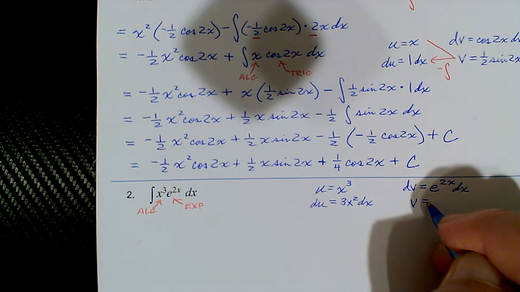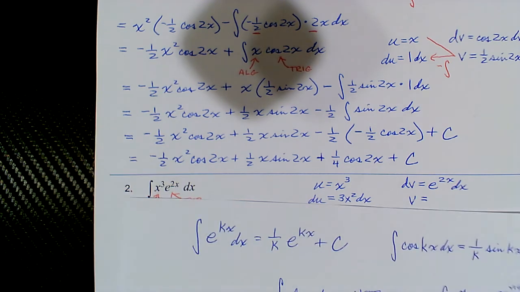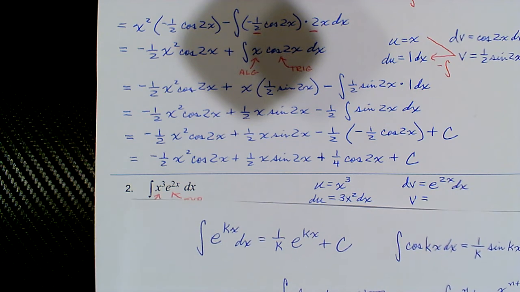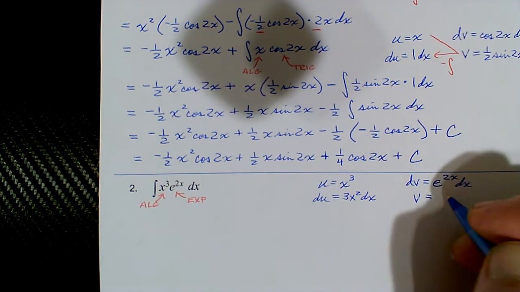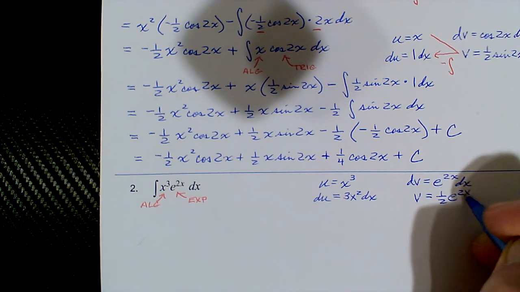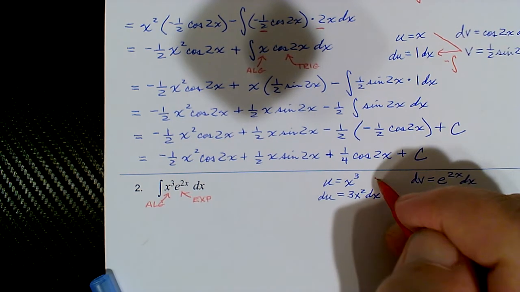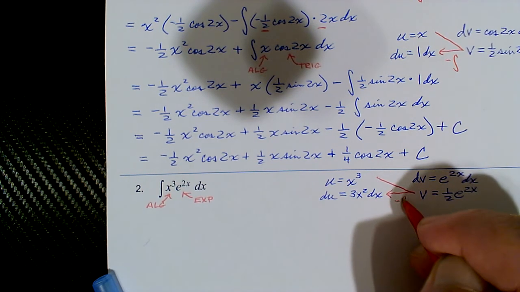We integrate dv to get v, and integrating e to the 2x, that's the formula for the integral of e to the kx. Again, I'll just flash it real quick. Here it is from before. 1 over k, e to the kx. So we get 1/2 e to the 2x. Okay, we don't add a constant there. We wait until we evaluate the final integral. But here's the integration by parts formula, a little trick.